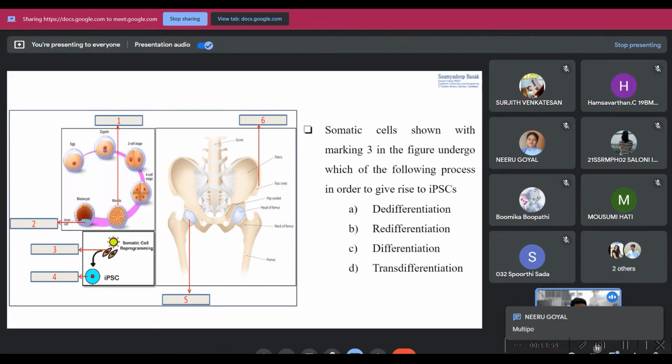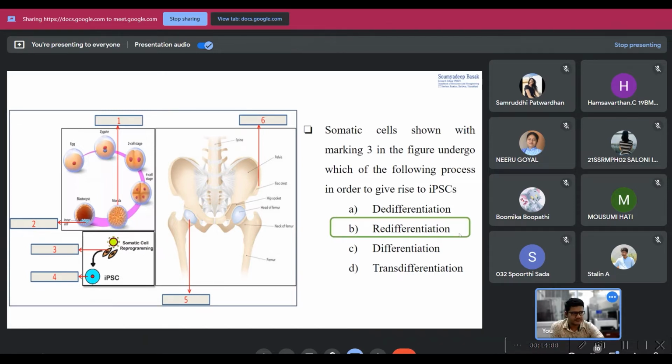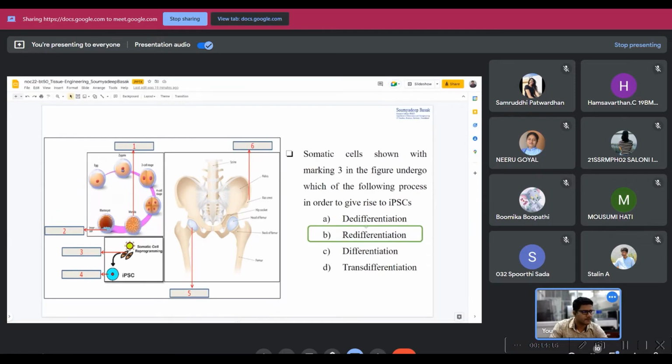What is the process that is going on here? Okay, let's see. It is de-differentiation.